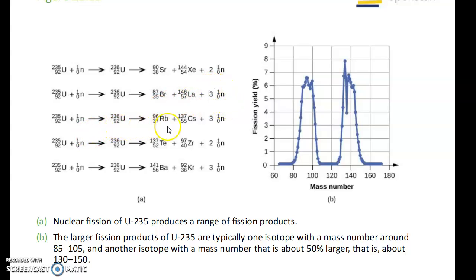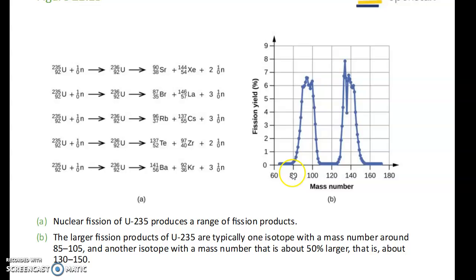It can form rubidium and cesium and 3, tellurium and zirconium and 2, barium and krypton and 3. So in every single one of these cases, it's going to result in having more of these neutrons than the initial neutrons that started off the whole process.